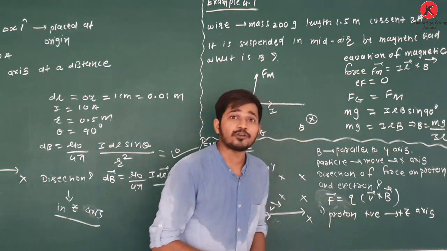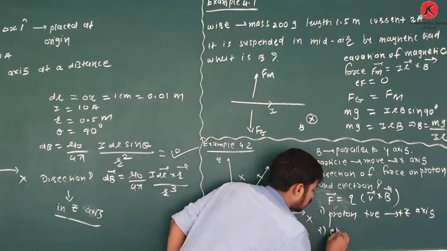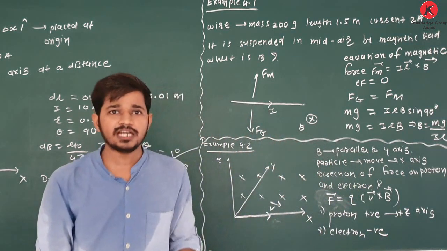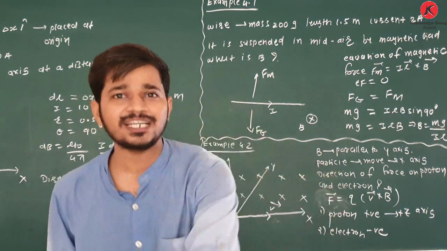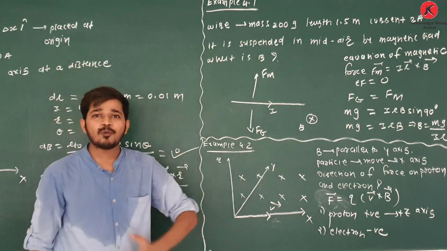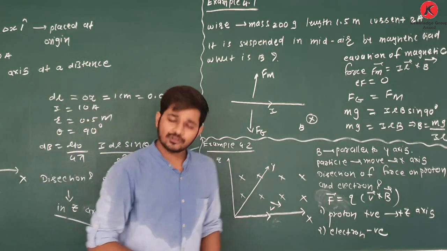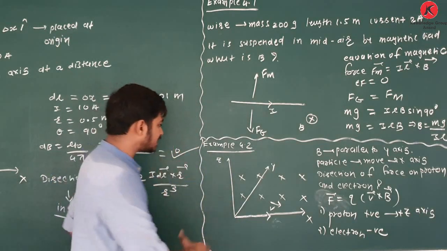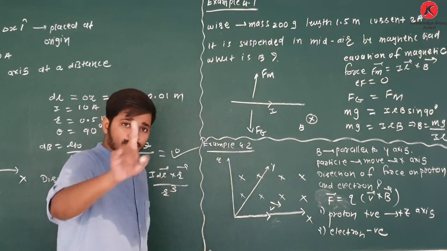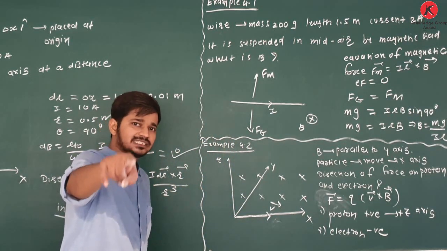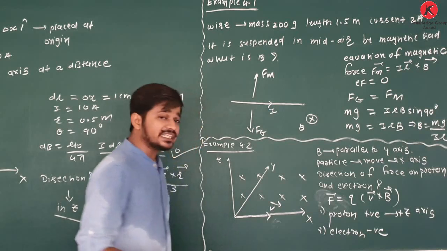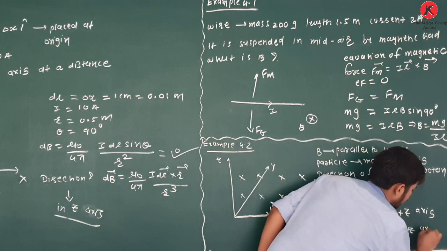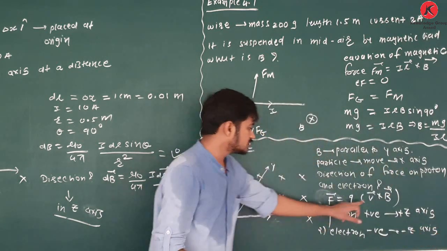The charge of a proton is positive, while the charge of an electron is negative. Yes, the force will be in the opposite direction. So you can write your answer directly: if the force acting on a positive charge is along the positive Z axis, the force acting on a negative charge is in the opposite direction, that is along the negative Z axis, with the help of this equation.